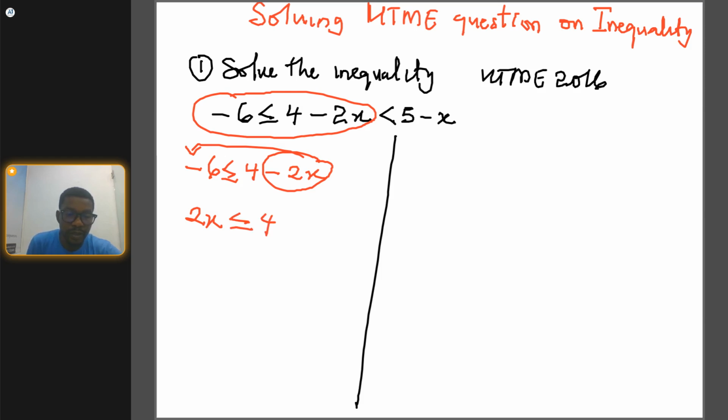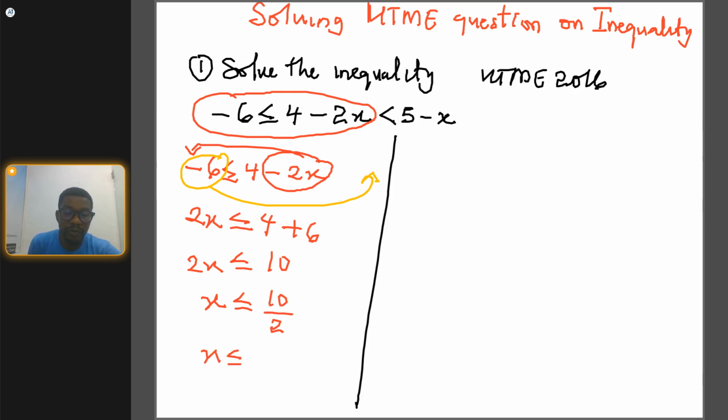If I take minus 6 also to the other side, I'm going to have plus 6. And that will give me 2x less than or equal to 10. x is less than or equal to 10 divided by 2. x is less than or equal to 5.